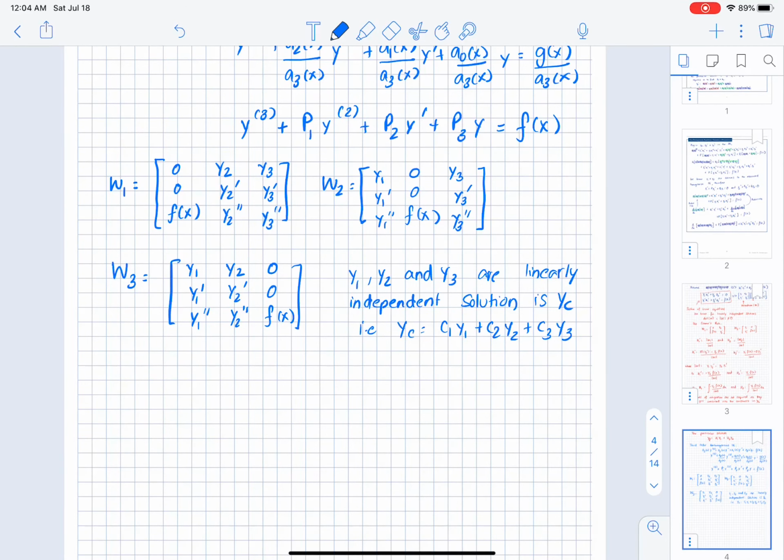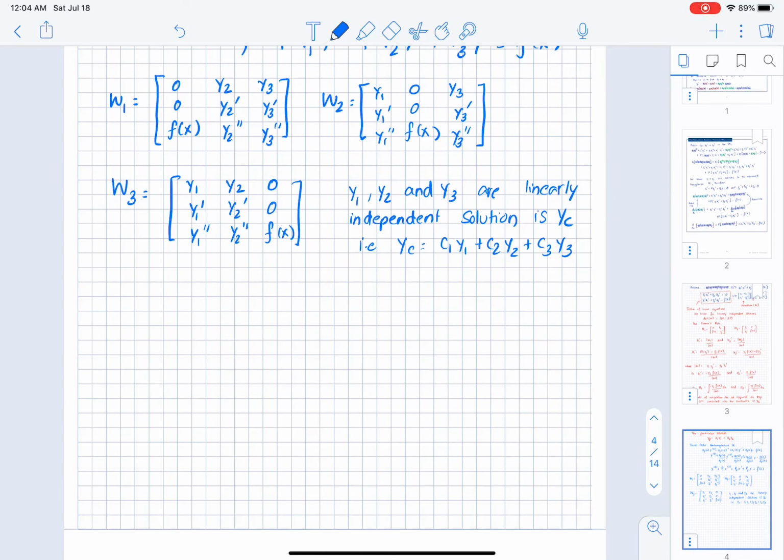So now that we have the three matrices, the Wronskian, since we have three functions, is y1, y2, y3, y1 prime, y2 prime, y3 prime, y1 double prime, y2 double prime, y3 double prime.